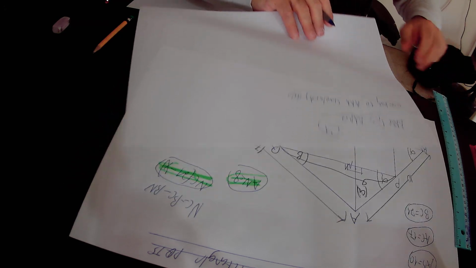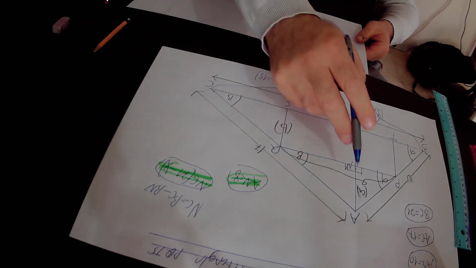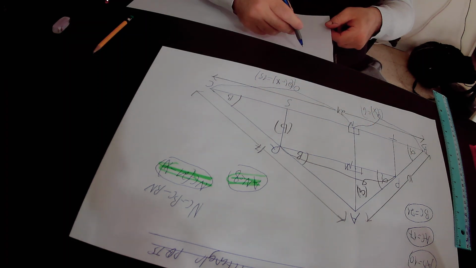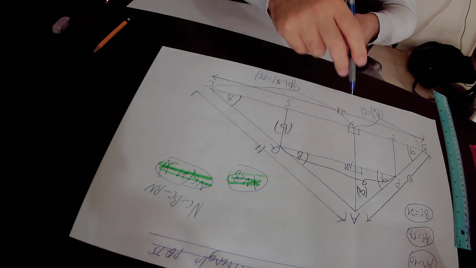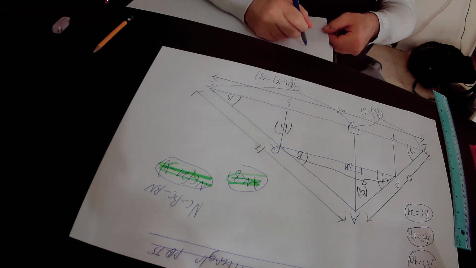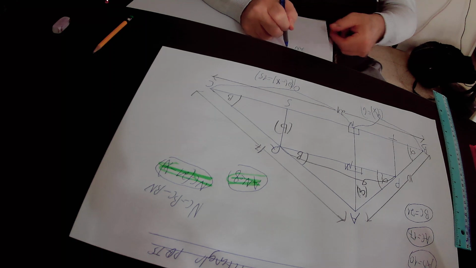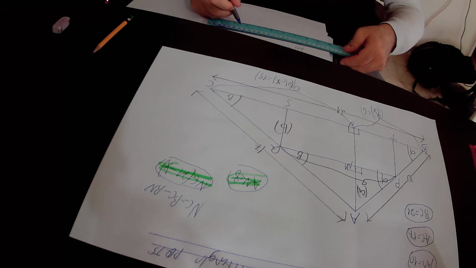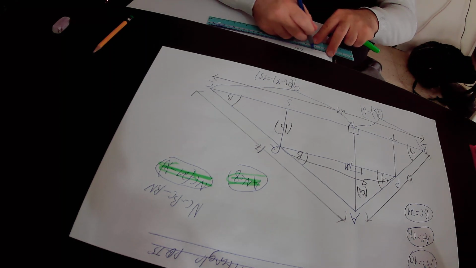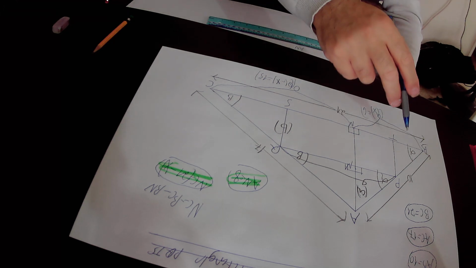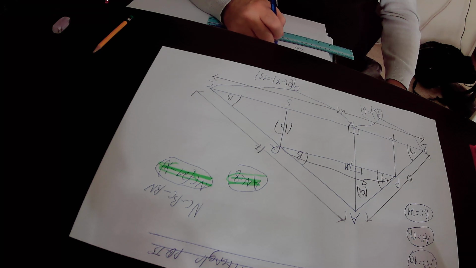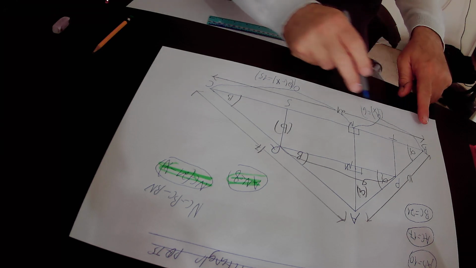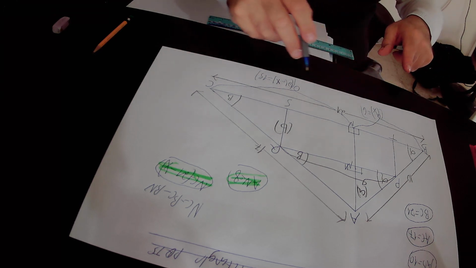That is to say, the height AM in the small triangle APQ over the height AN in the big triangle ABC must be equal to the side of the small triangle PQ over the side of the big triangle BC.